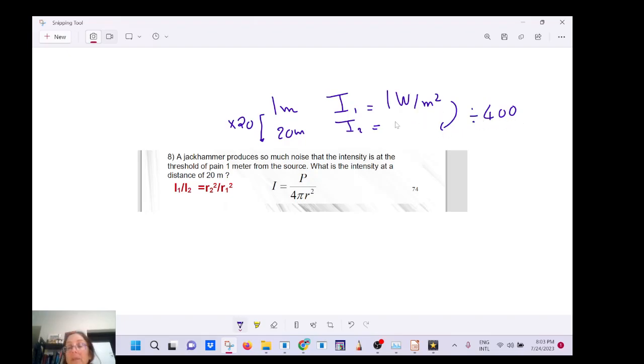So it's going to be 1 divided by 400 watts per meter square. So it's going to be 0.25 times 10 to the negative 2 watt per meter square. So it's going to be 2.5 times 10 to the negative 3 watt per meter square, right?